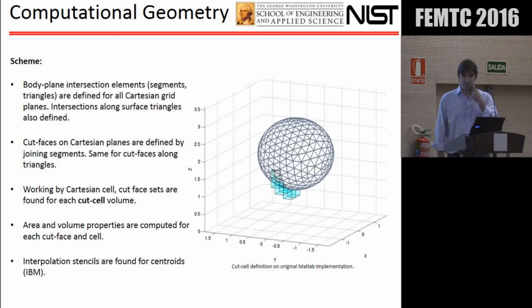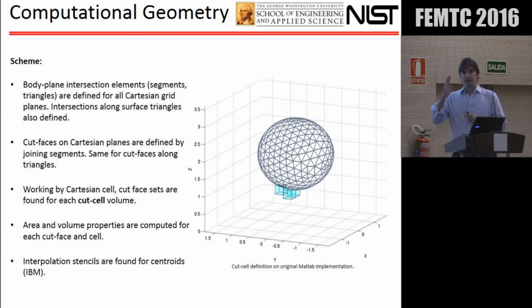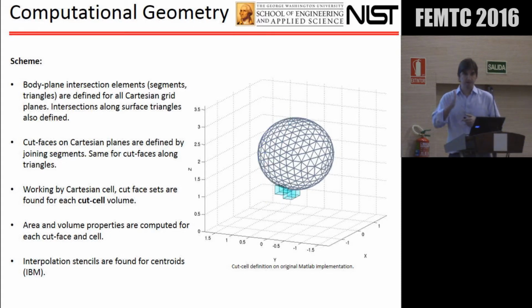I show you here, first we started working on prototypes in MATLAB for this process. What's being done is a lot of intersections are being computed. We have every plane on our Cartesian grid. We basically have to compute the intersection of each plane in each direction with the solid object, and find those elements of the intersection, which are basically segments. And they can be triangles if the face of the object is directly aligned on a plane.